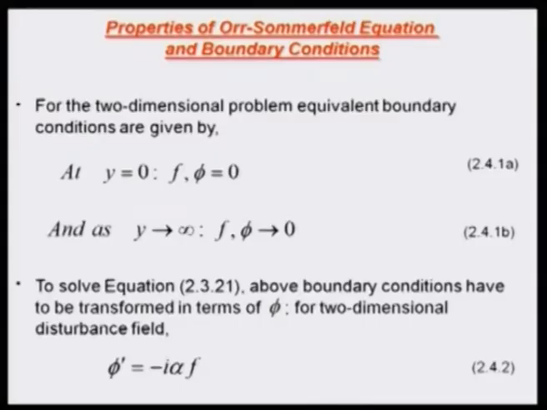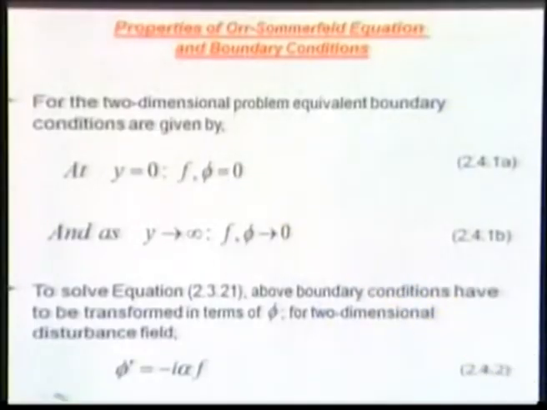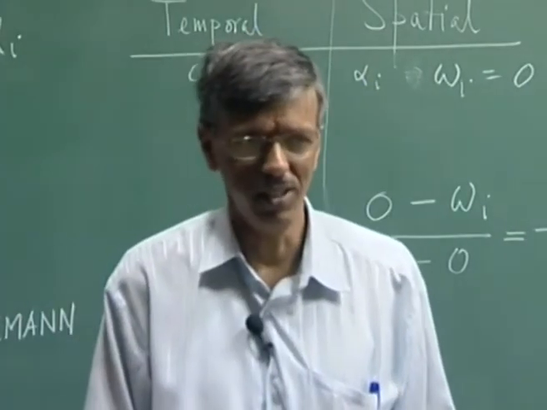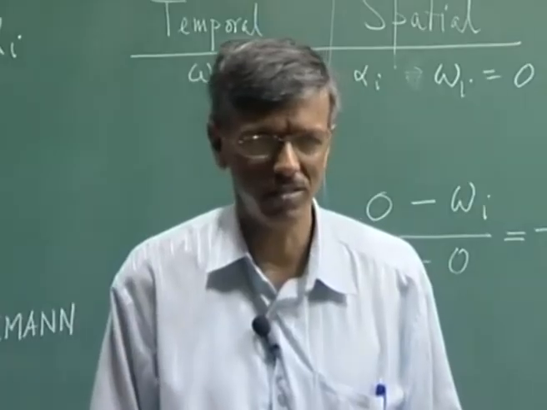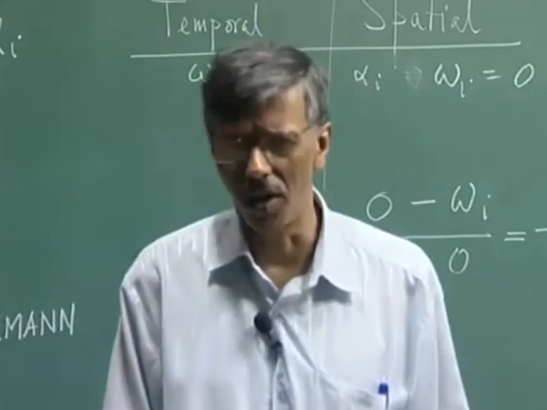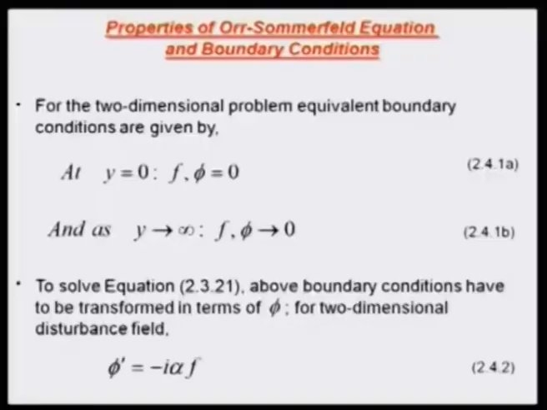Please do understand that we have some problem here, because I am emphasizing time and again that in nature you do not get something out of nothing. That means you cannot have a homogeneous differential equation and homogeneous boundary condition and get a non-trivial response.